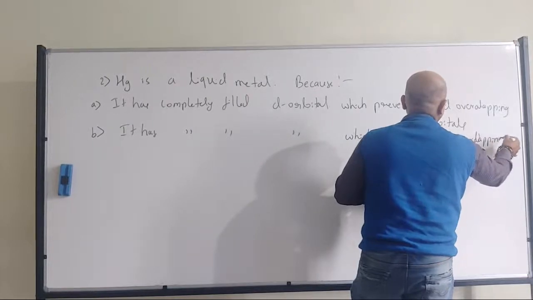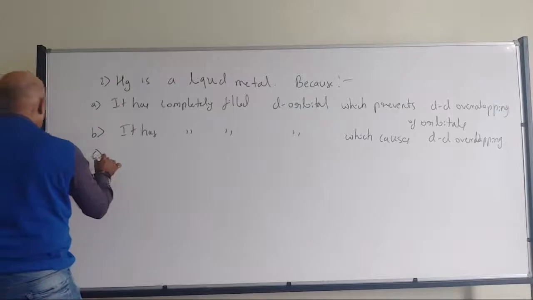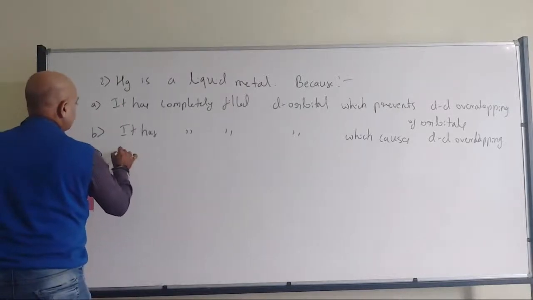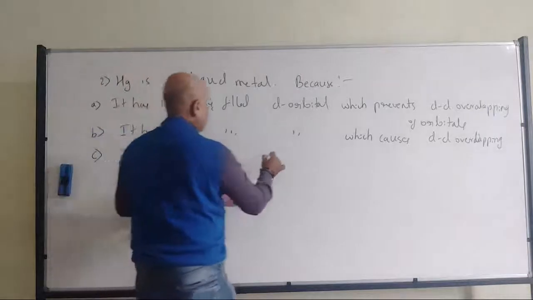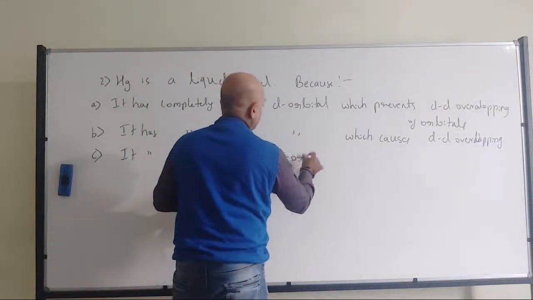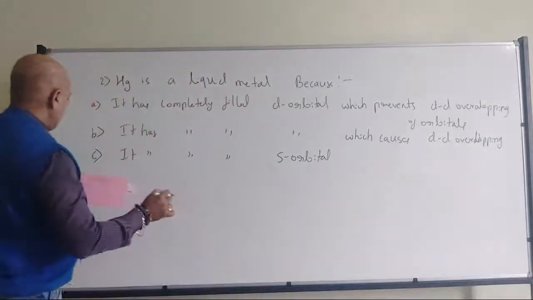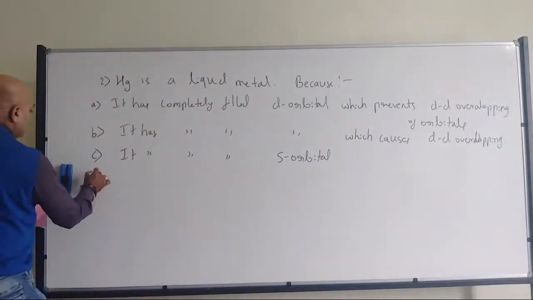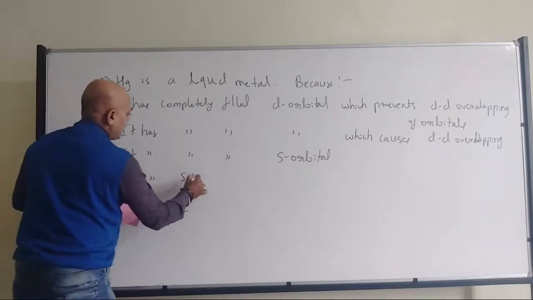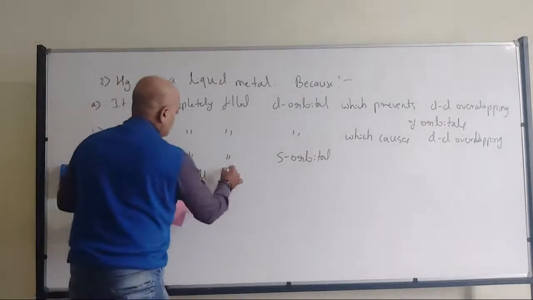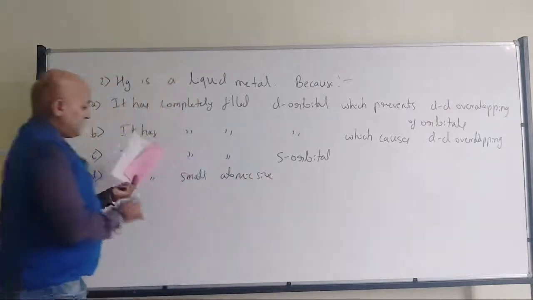Then option C. It has completely filled s orbital. Then option D. It has a small atomic size.